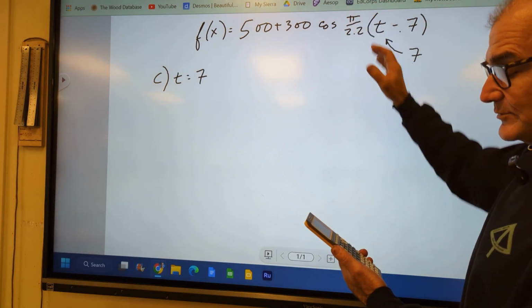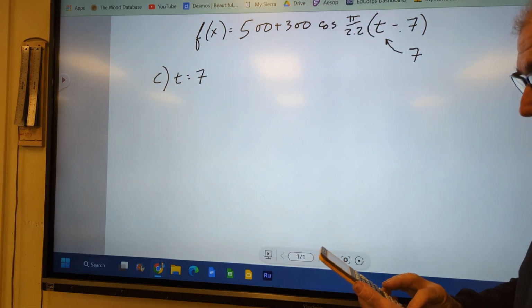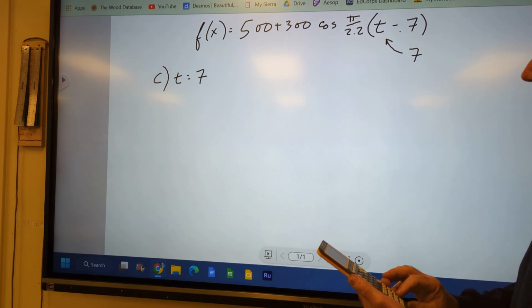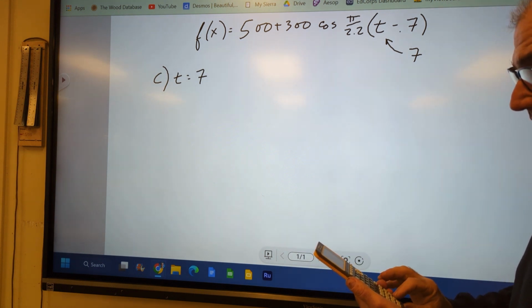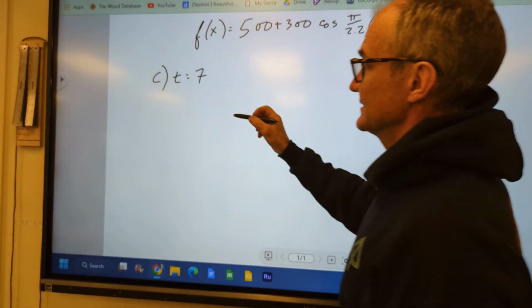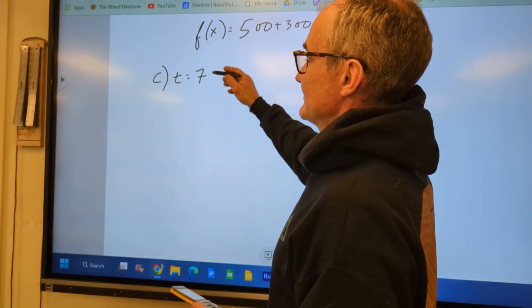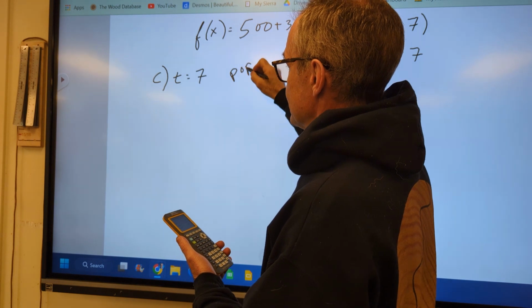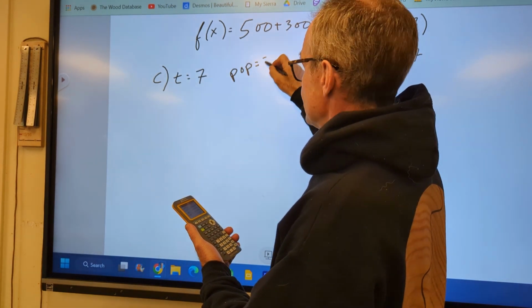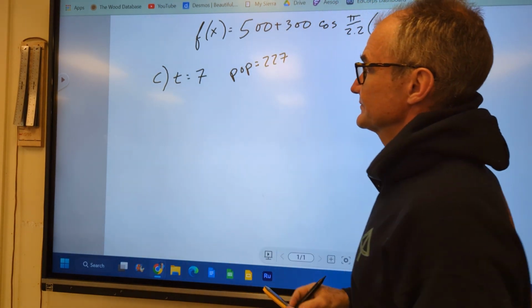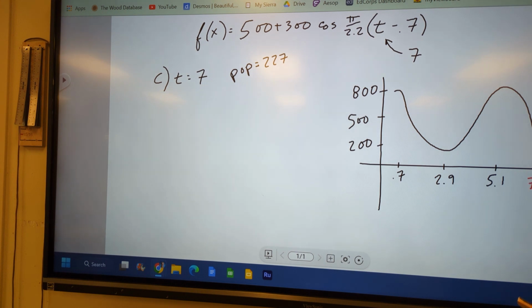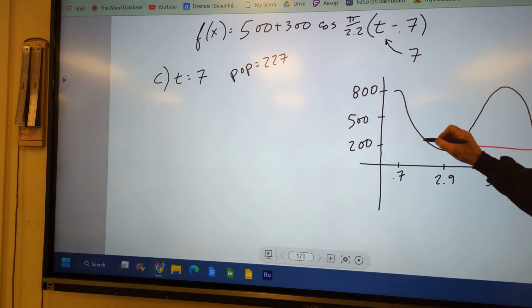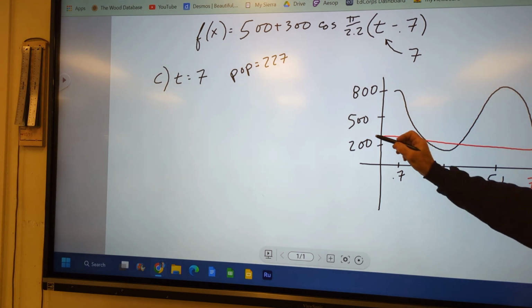So this thing's negative 0.9 times 300 plus 500, and I get 227. So when t equals 7, at 7 years, y, or my population, is equal to 227. When x is 7, my corresponding y value is right here at 227.